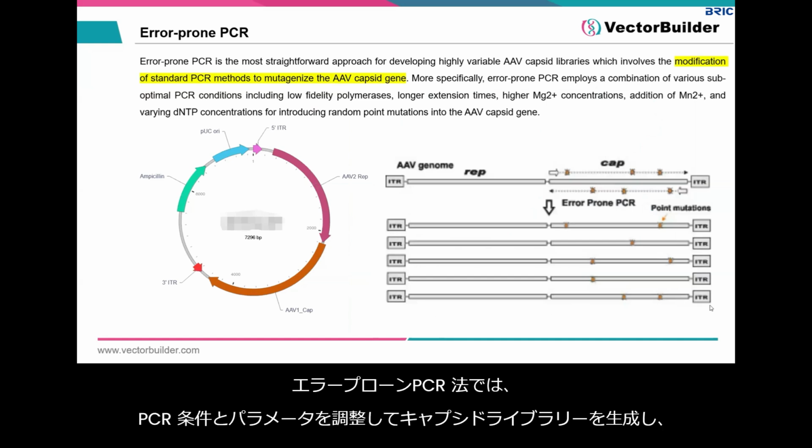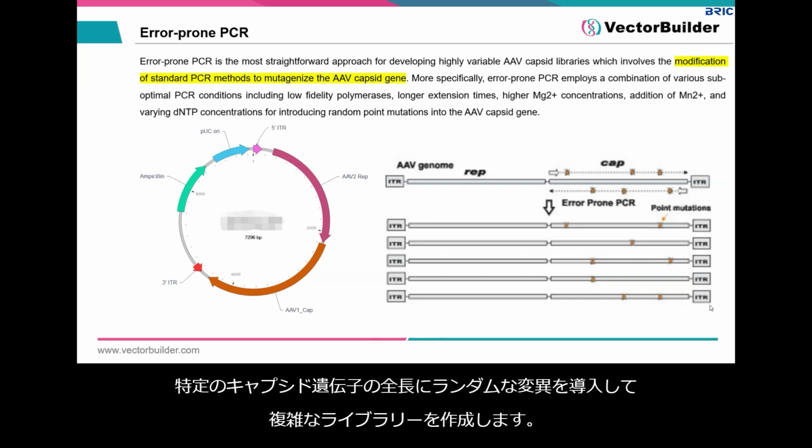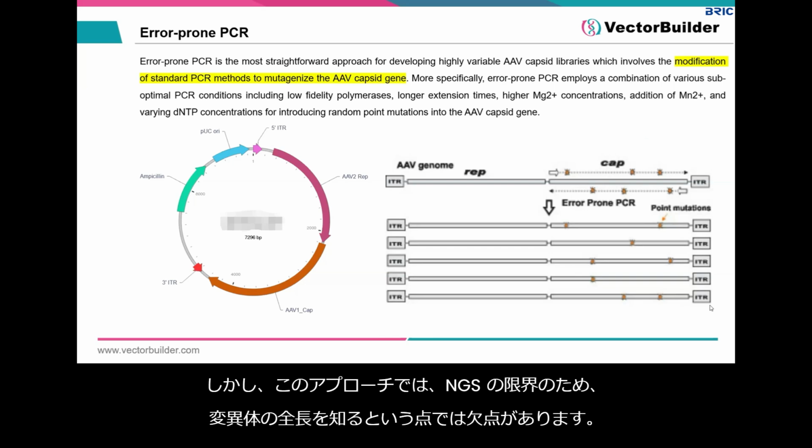For the error-prone PCR method, we generate a capsid library by adjusting the PCR conditions and parameters so that we can introduce random mutations in the full length of a particular capsid gene, resulting in a complex library. However, this approach has shortcomings when it comes to knowing the full length of the mutants due to NGS limitation.